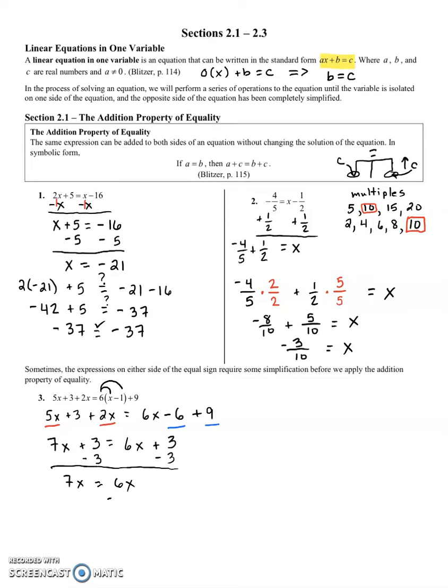Now I need to subtract the 6x to get it on the same side as the 7x. And so we have 7x minus 6x gives us a 1x, and 6x minus 6x gives us 0. So x is 0.